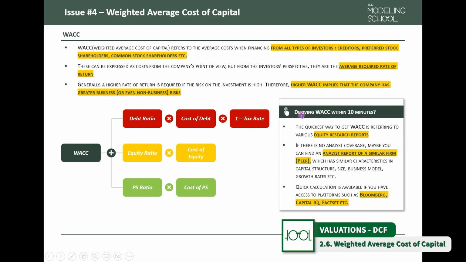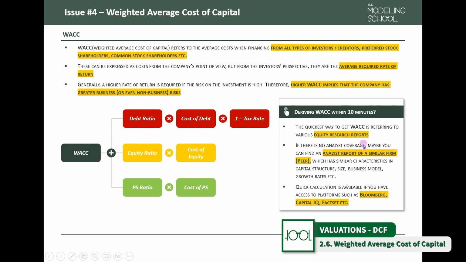How to calculate WACC in under 10 minutes? The quickest way to get the weighted average cost of capital if you're in a hurry is to refer to various equity research reports. This can be done especially if many analysts prefer to do a DCF analysis on your target company.